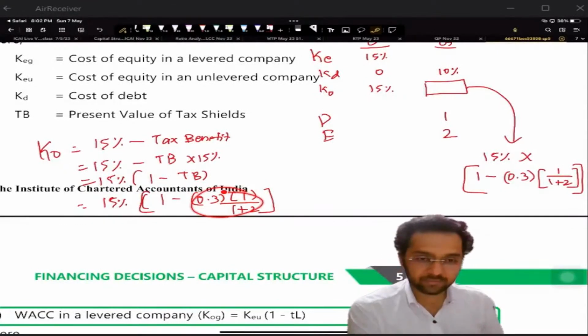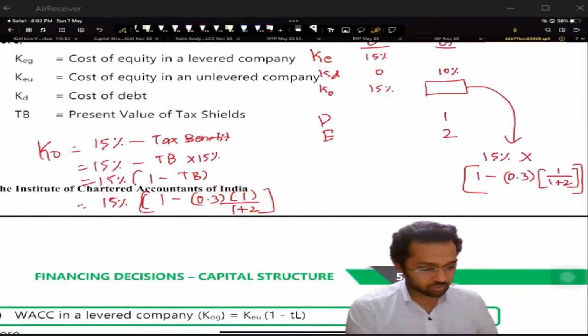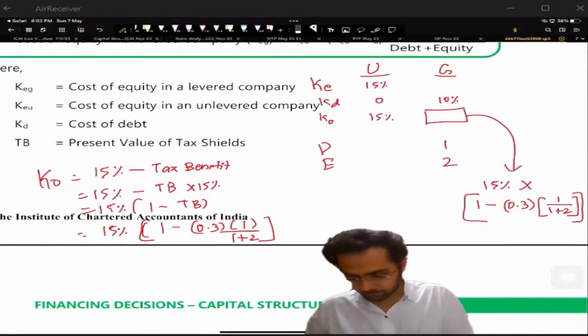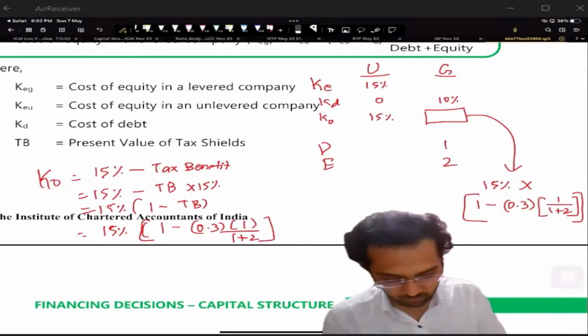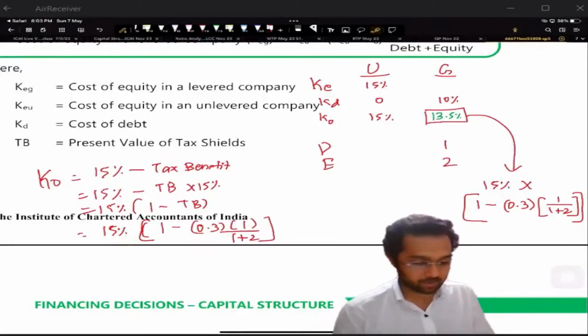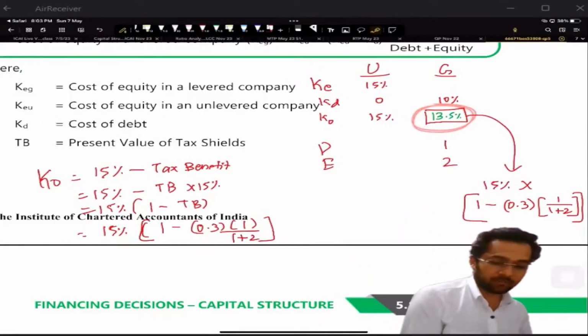Once you solve it, you get 0.3 divided by 3, that is 0.1, so 1 minus 0.1 into 0.15, which is 13.5%. So we get the overall cost of capital to be 13.5%.